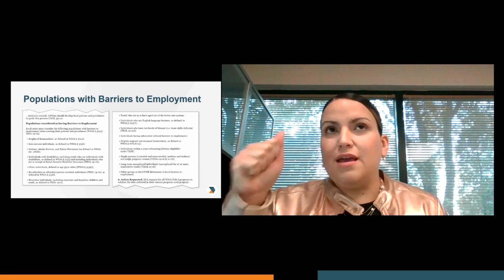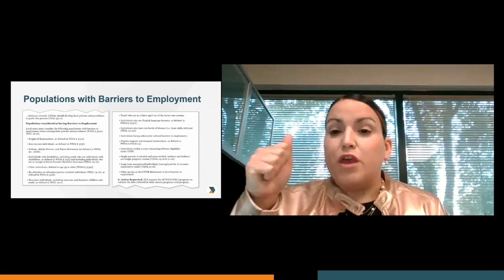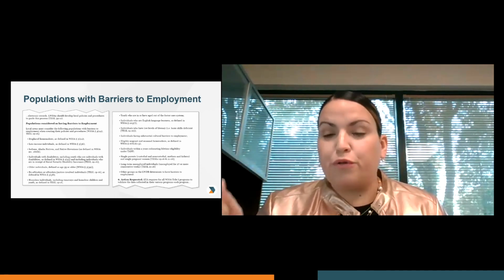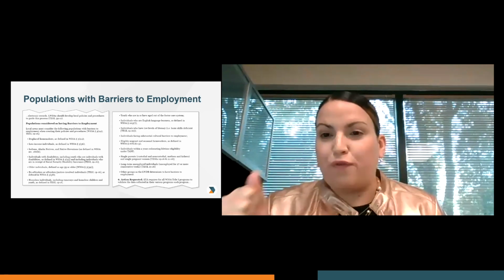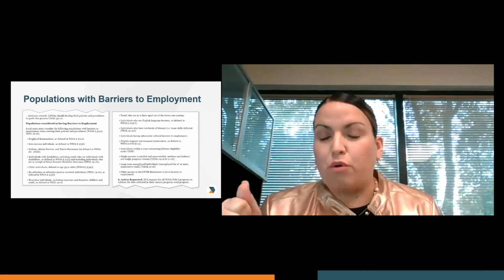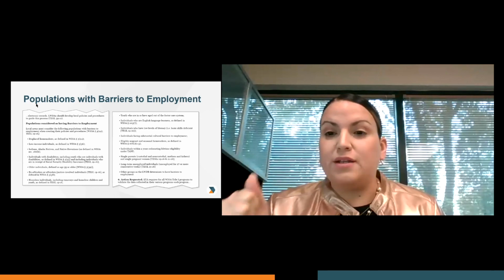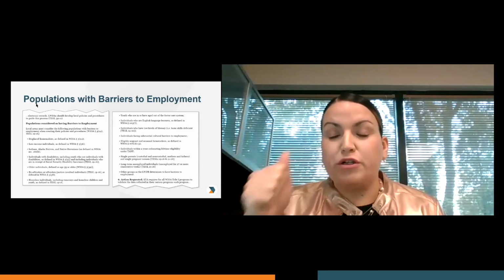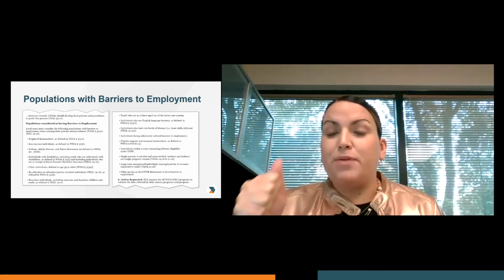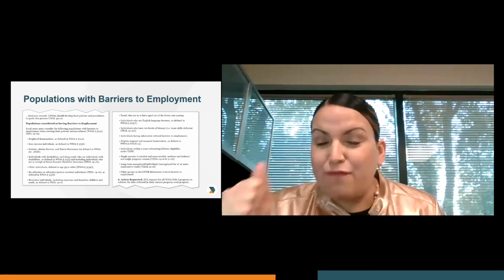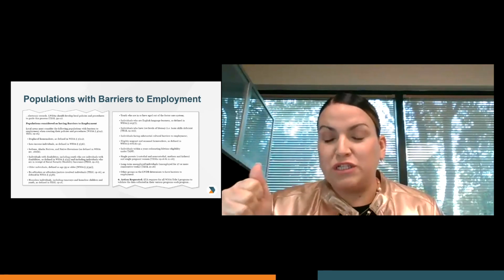So the example of that youth, out of school youth, that was not able to find the paperwork from the school is a prime example when you are using a barrier to determine eligibility, right? But that individual is not able to find that piece of documentation.